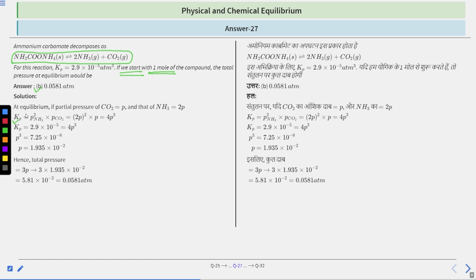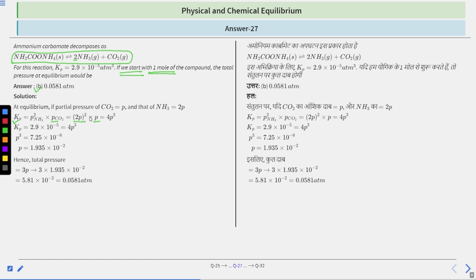Now we know that Kp in terms of partial pressure is the product partial pressures multiplied, divided by the reactant partial pressure. So partial pressure of NH3 to the power 2 into partial pressure of CO2. Partial pressure of NH3 is 2P and partial pressure of CO2 is P. So we take the square of 2P because 2 is the stoichiometric coefficient of NH3 in the reaction.